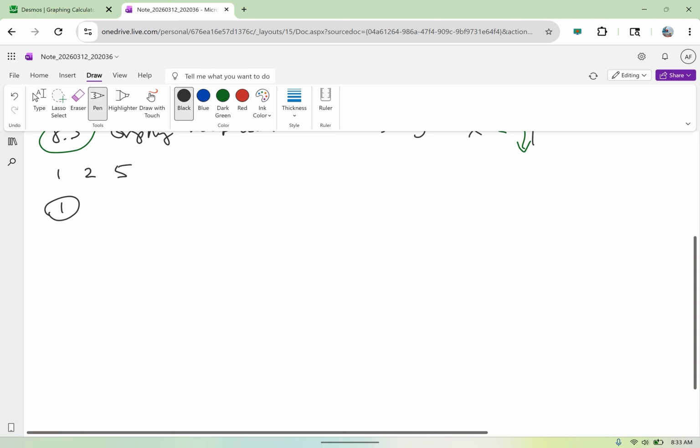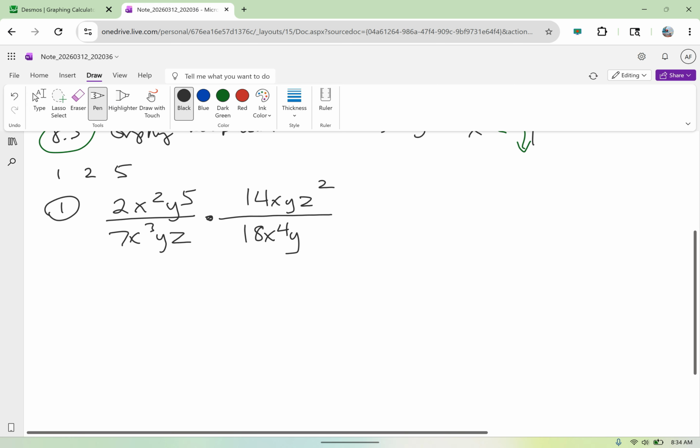So number 1 is multiplying. And because this is multiplying and everything up here is multiplication, this is all multiplication.